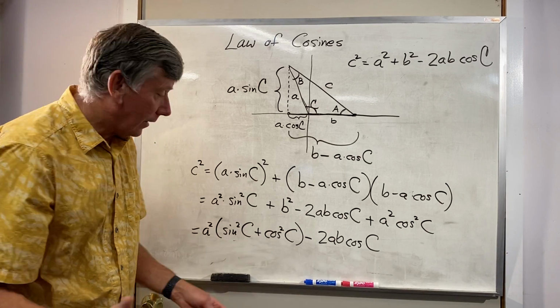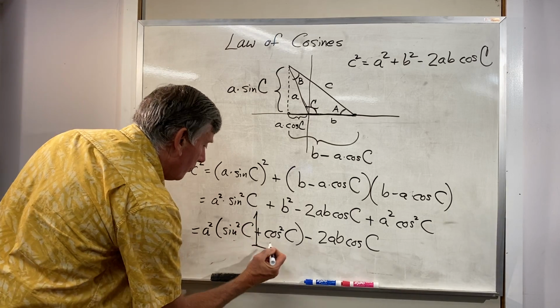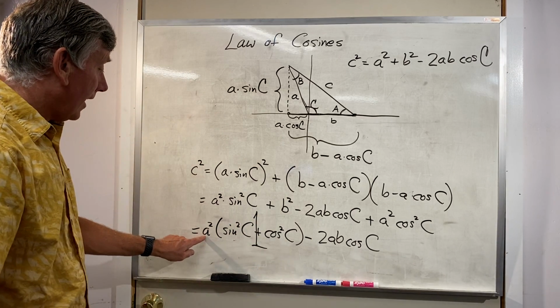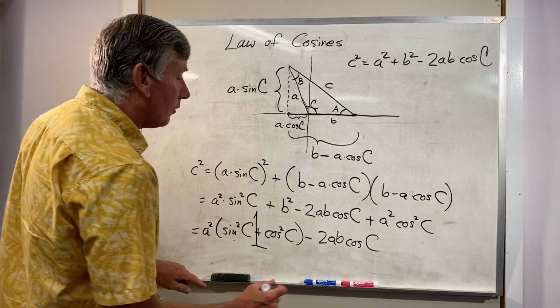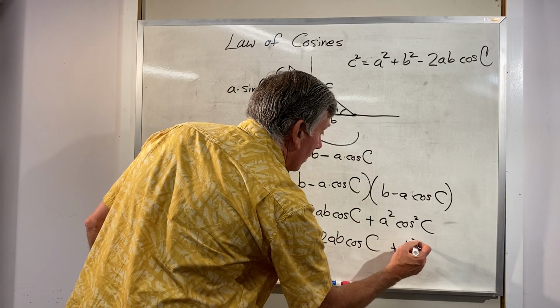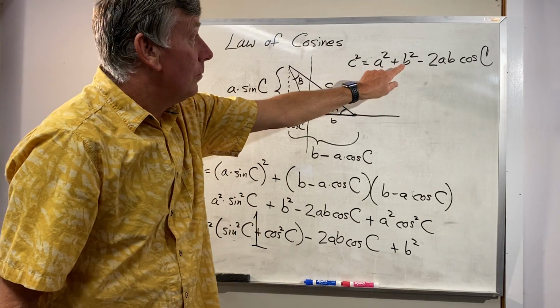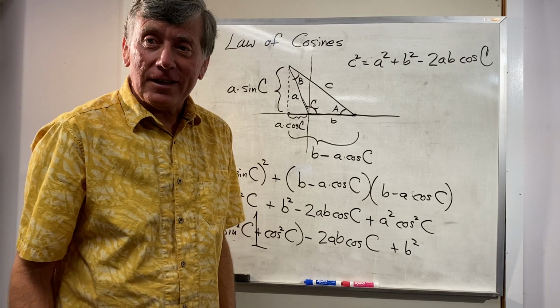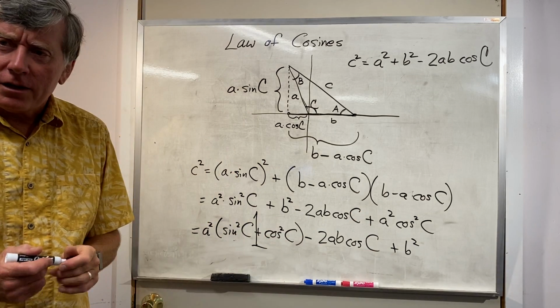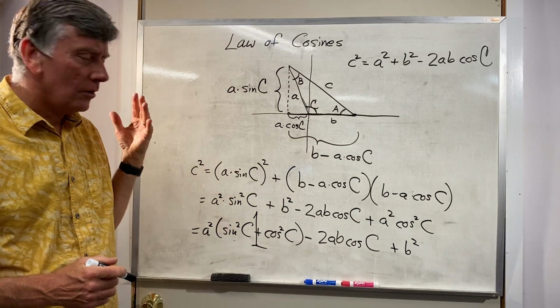It's equal to 1. Boom, big 1. So I get A squared, and there plus the B squared, I forgot that, plus B squared. So I get a squared plus b squared minus 2ab cosine c. That's how the law of cosines is proved.